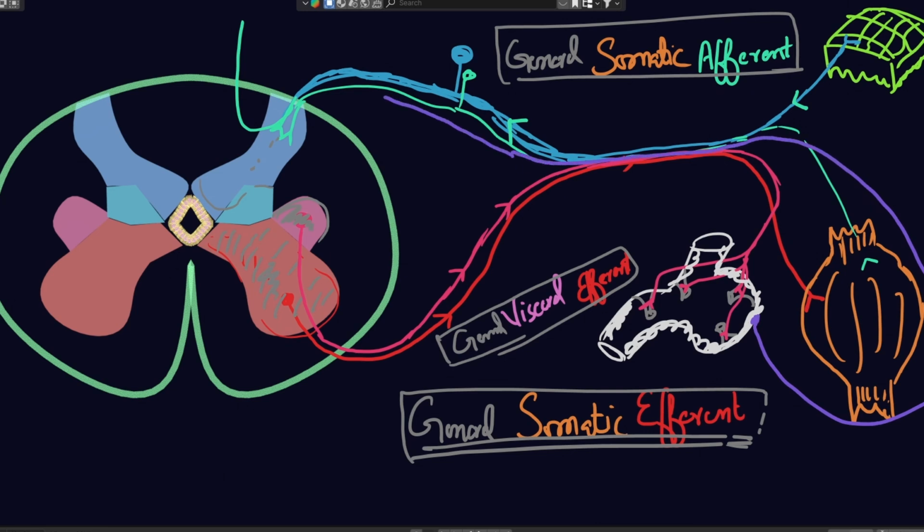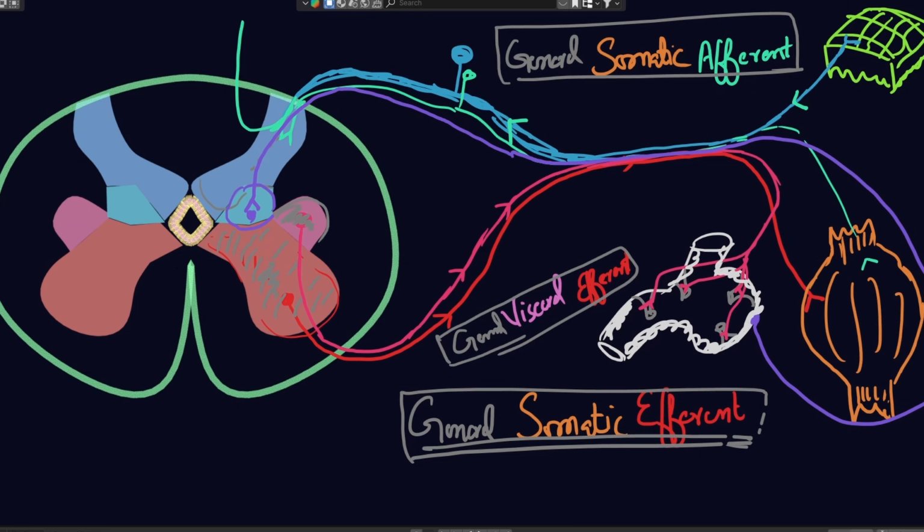They will join the dorsal root and ultimately come to lie here in this region. Right here they will synapse, or they may go straight upward. Anyhow, they will come to lie here in this region. This region is basically the ventral most part of the dorsal horn. It is the ventral most part of the dorsal gray horn, or we can also say the ventral most part of the dorsal gray column of the spinal cord.